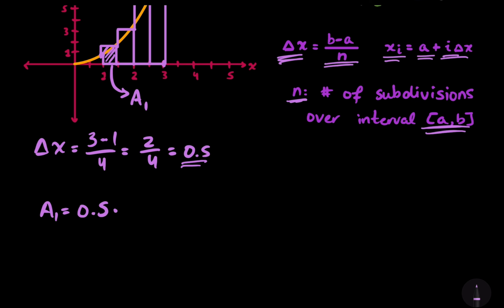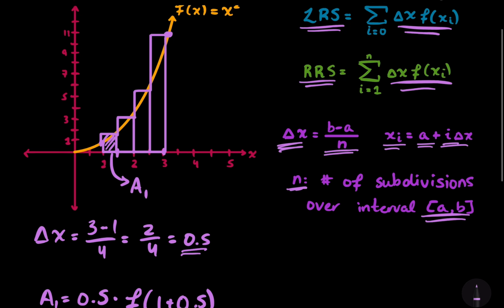But what is the height? The height is the function evaluated at the right-hand side of our interval, which in this case is going to be f of 1 plus 0.5, because we have 1.5 right over here, since we're increasing by 0.5 for each individual subinterval.